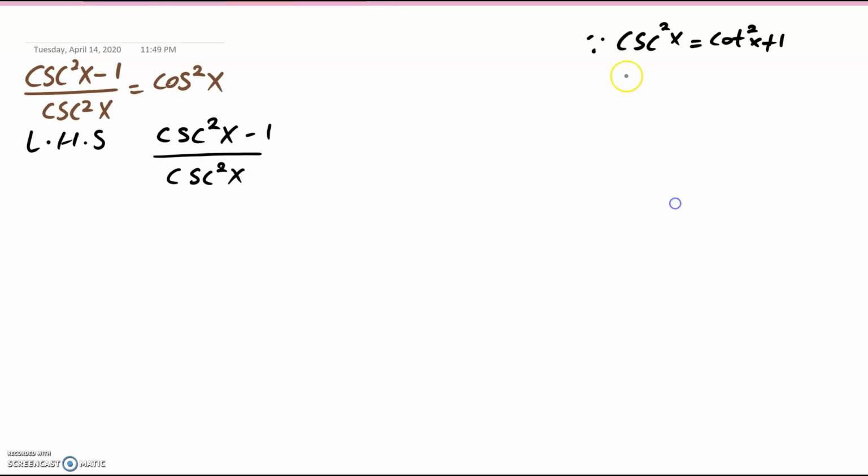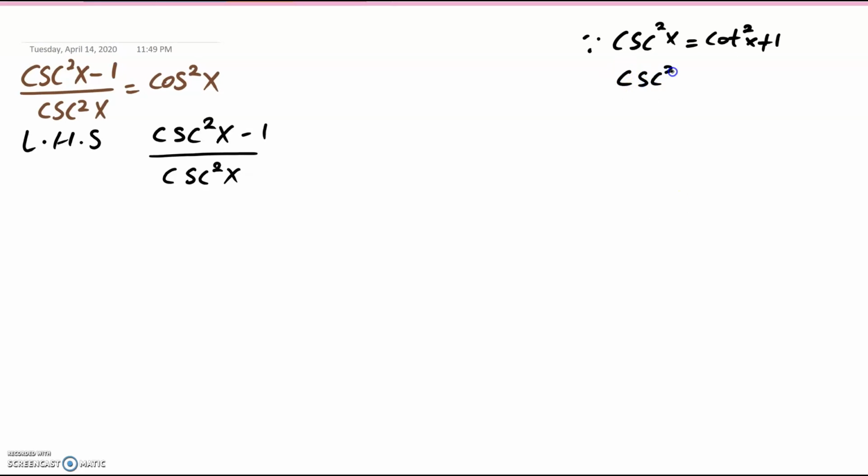If I rearrange this identity, it's going to be cosecant squared x minus 1 equals cot squared x. Now I will use this identity in the given expression and it's going to be cot squared x over cosecant squared x.